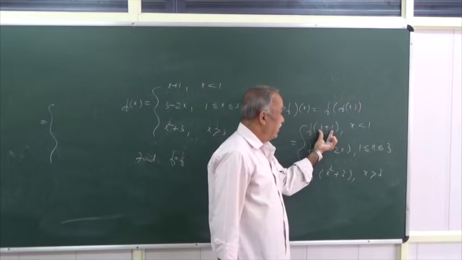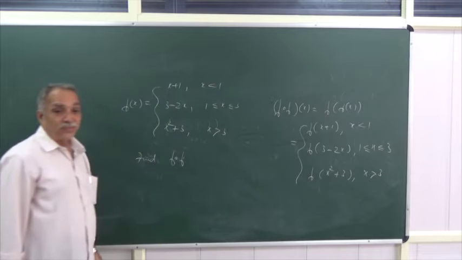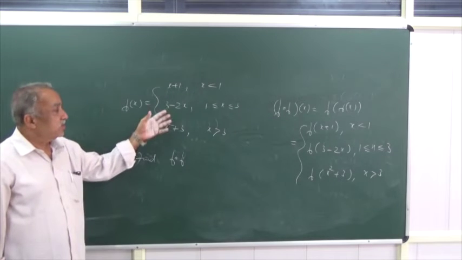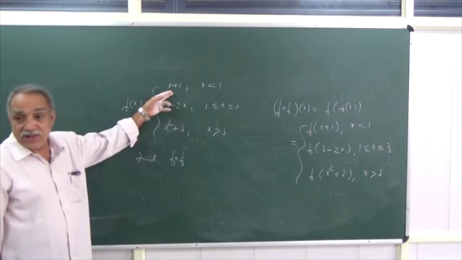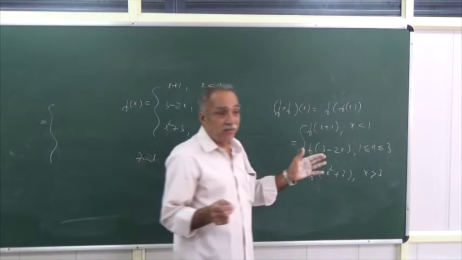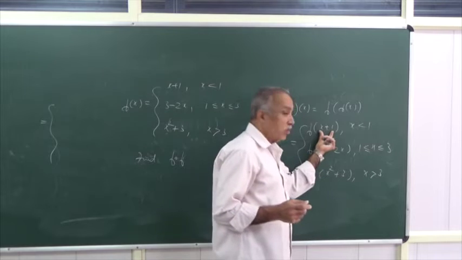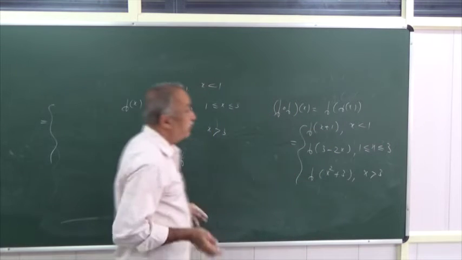X is less than 1, x plus 1 is less than 2. Less than 2 means it may be greater than or equal to 1, less than 2, maybe even less than 1. So, there will be a need to break the interval further. Find where this is equal to 1. 0. We will break the interval at 0.